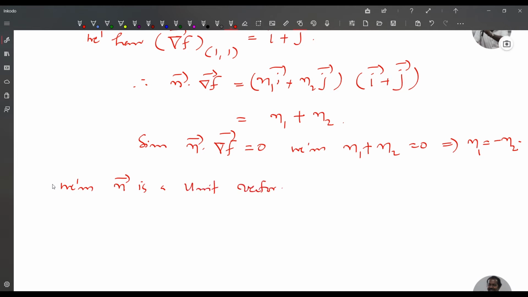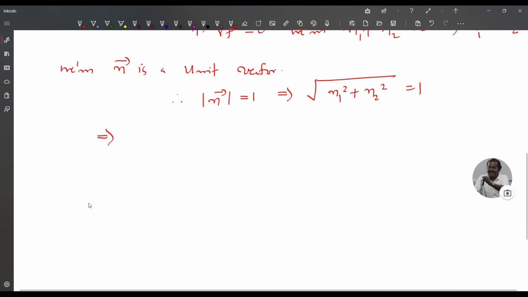Therefore, modulus of n equal to 1. So this implies square root of n1 square plus n2 square equal to 1. So this implies n1 square plus n2 square equal to 1.